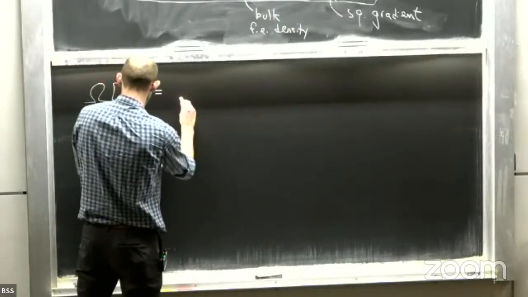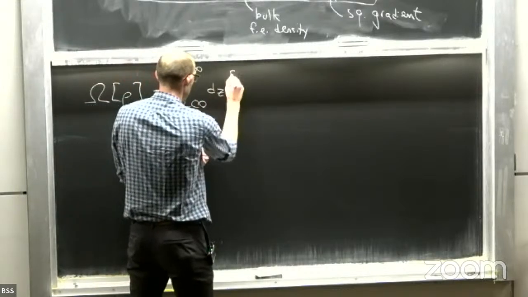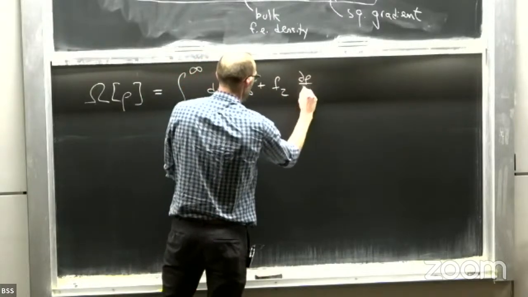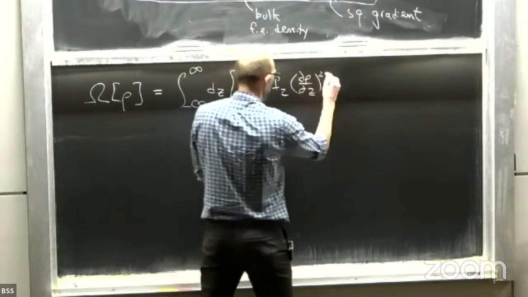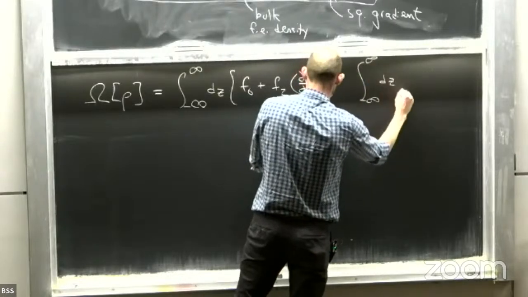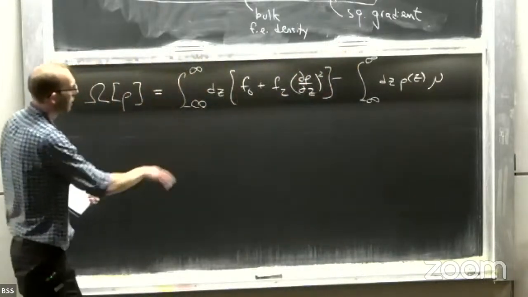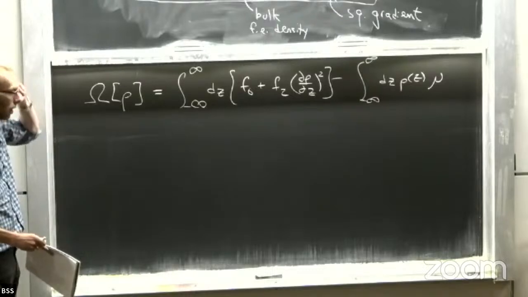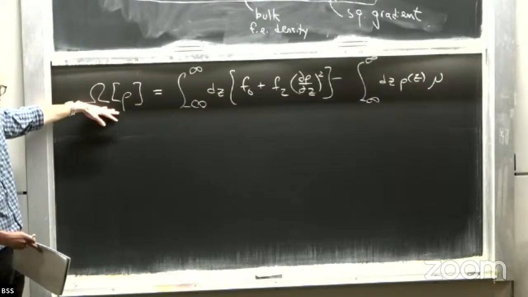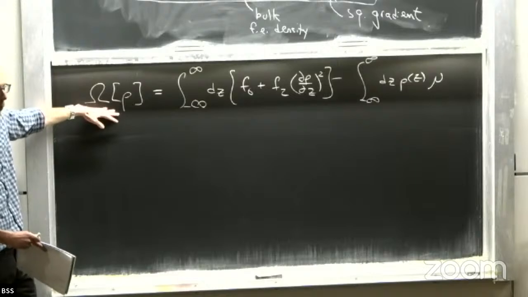And so we get a new functional. Right? So mu is a constant everywhere. This is just the definition of our grand potential. And this is the thing that we should be minimizing if we are going to find equilibrium.